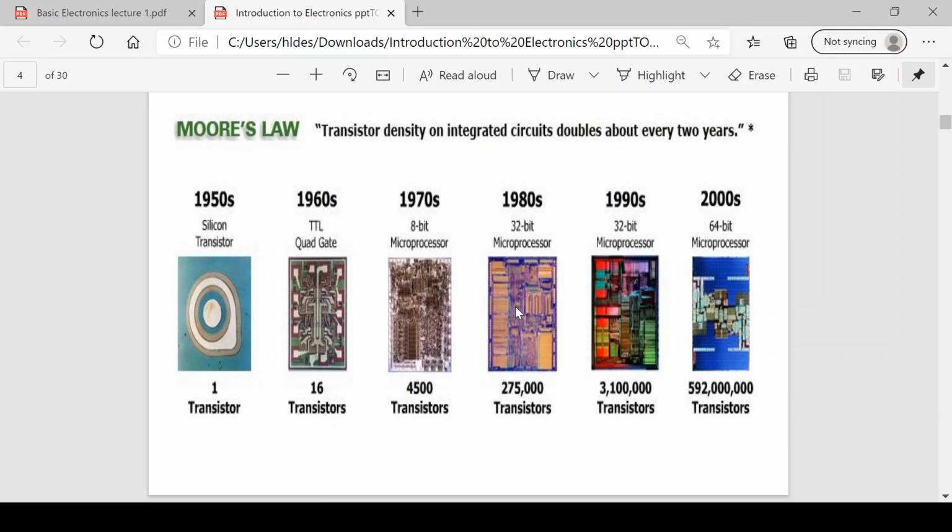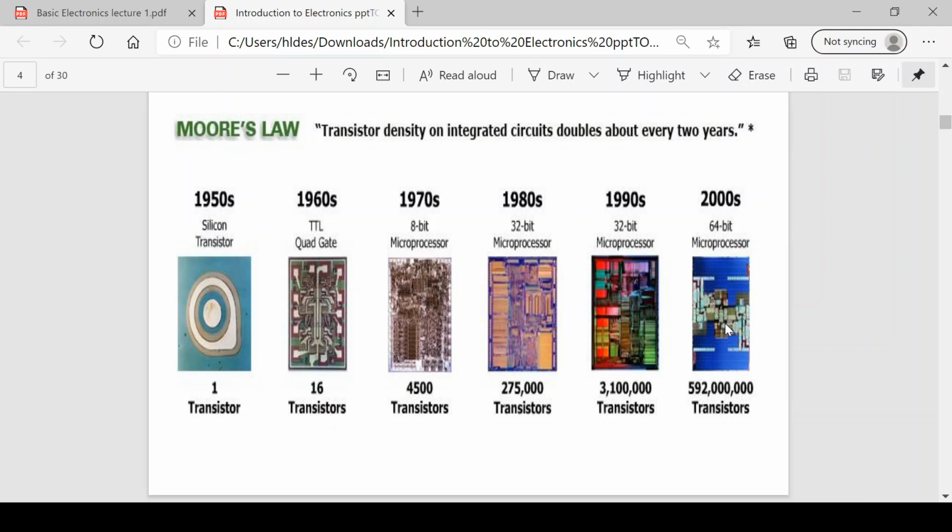This is called VLSI, very large scale integration technology, to form an integrated circuit with so many transistors on a single silicon wafer. In the 90s, the progress continued and we had high speed processors from various foundries, Intel and so on. In 2000, we were able to integrate tens of lakhs of transistors on a single silicon wafer.